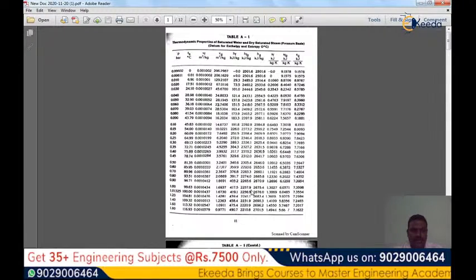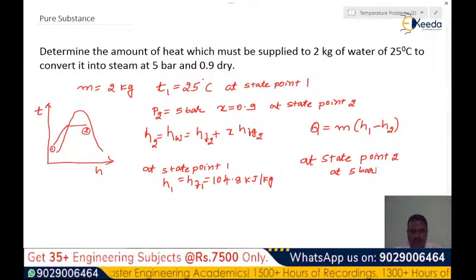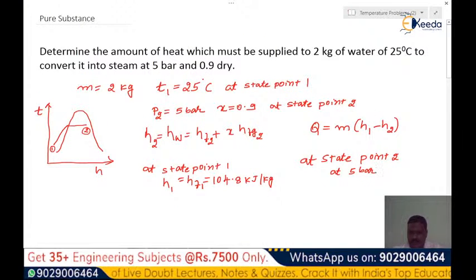So this is on the basis of pressure. It is at 5 bar, right? It has been told it is at 5 bar. What is HF at 5 bar? It is 640.1 kilojoules per kg. So HF2 is 640.1 kilojoules per kg.